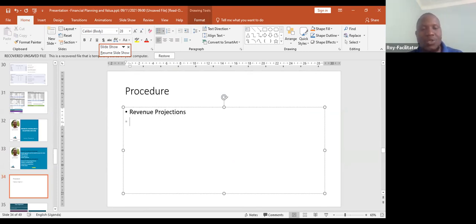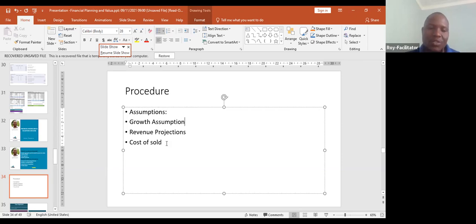Once you know your revenue projections, you proceed to your cost of goods sold. Basically, you have to work on your assumptions, which gives you the revenue assumptions in terms of growth assumptions, where we have the revenue projections, cost of goods sold, and the other assumptions.